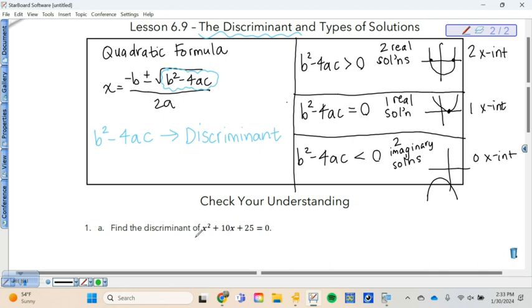In part 1, what's my a? 1. What is b and c? c is 25. Okay, so first part, you're finding the discriminant, just the b squared minus 4ac.